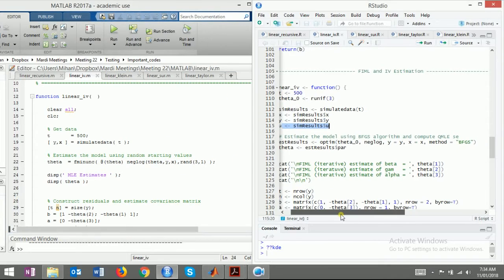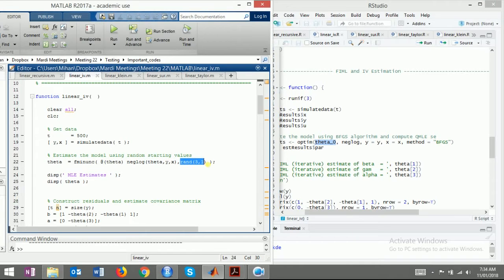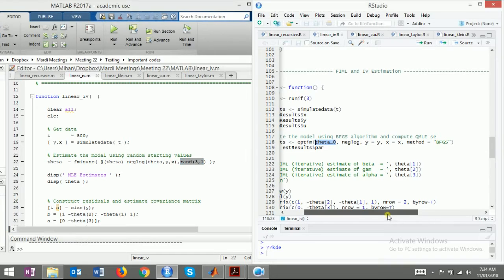Theta naught is the beginning one. Oh, here runif 3 rows 1 column, this is the initialization. Neglog with Y and X, the method has the Newton-Raphson algorithm. With the Newton-Raphson algorithm, in theta we'll just get the parameters, fine.